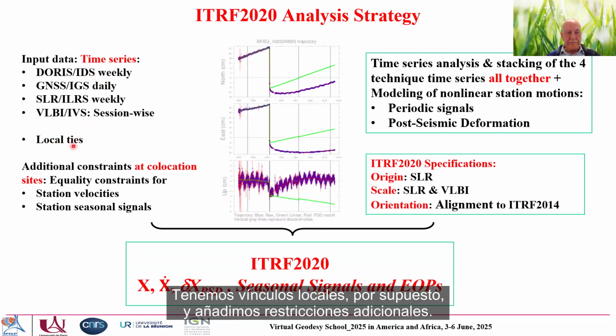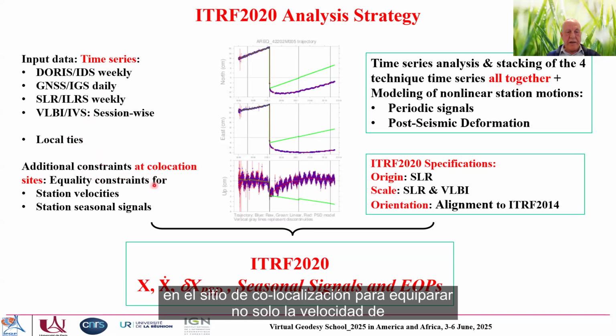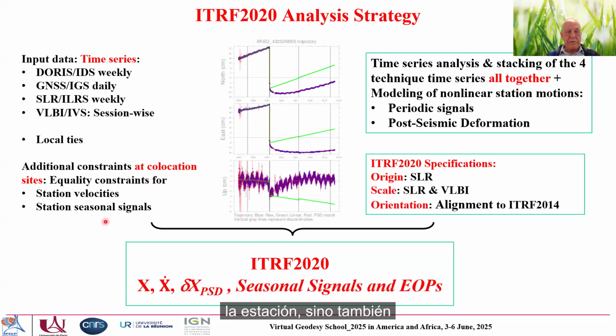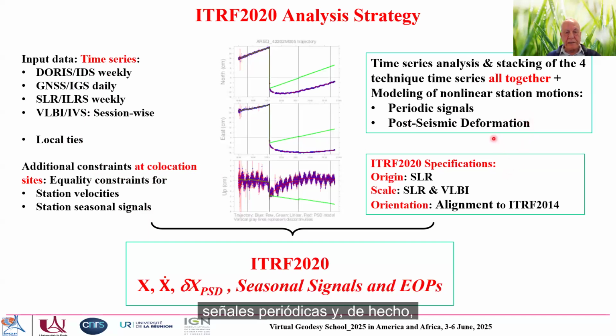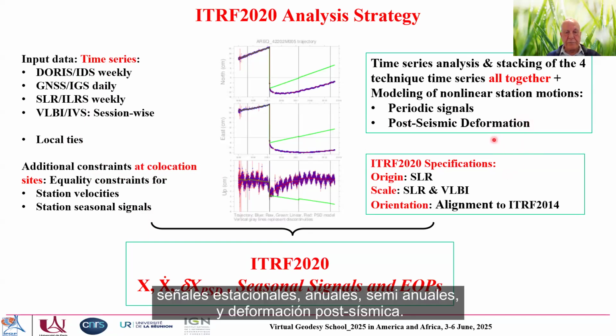We have local ties, of course, and we add additional constraints at collocation sites to equate not only station velocities, but also station seasonal signals. The strategy that we adopted is that we stack the time series of the 4 techniques altogether, plus modeling of nonlinear station motions, periodic signals, and in fact, seasonal signals, annual and semi-annual, and post-seismic deformation.